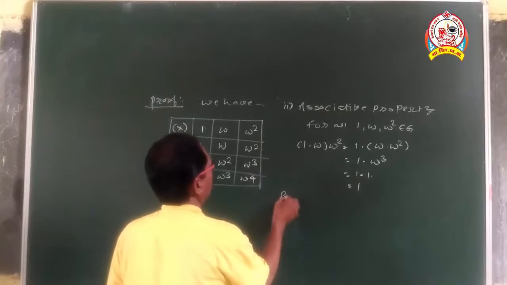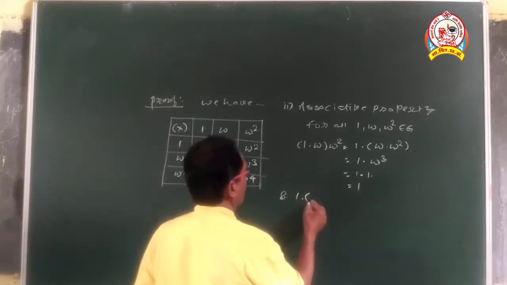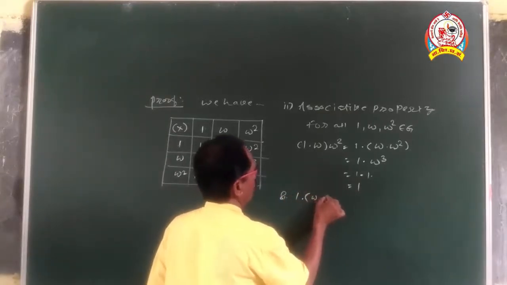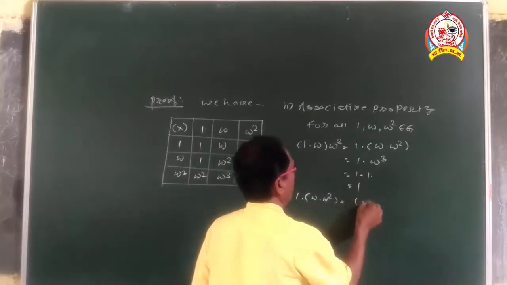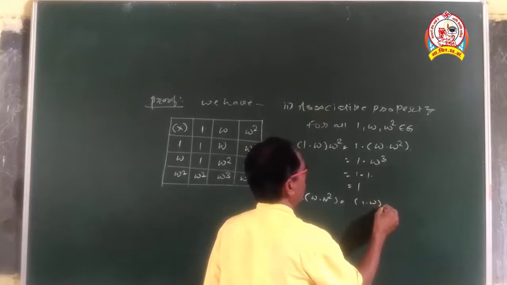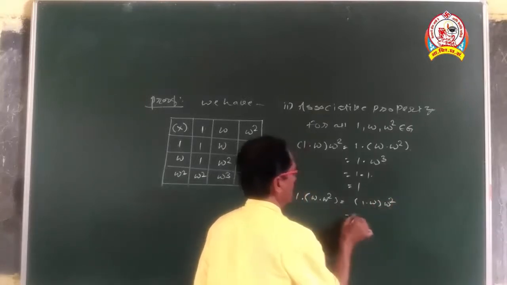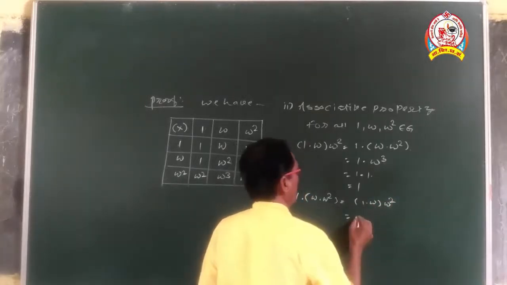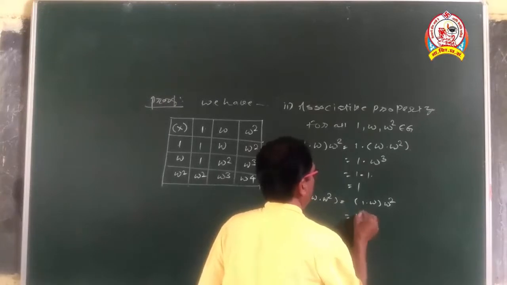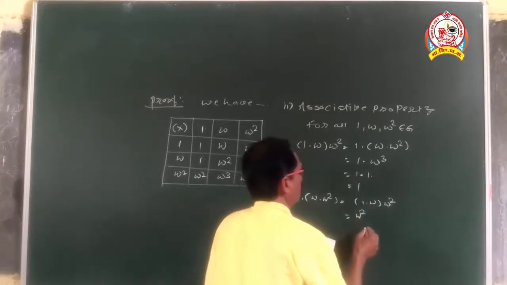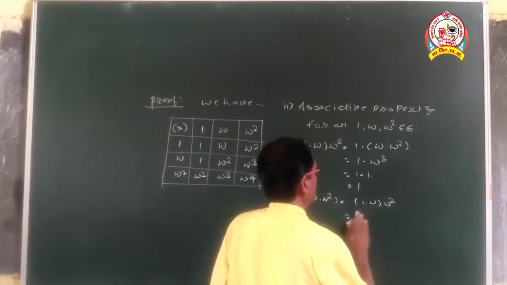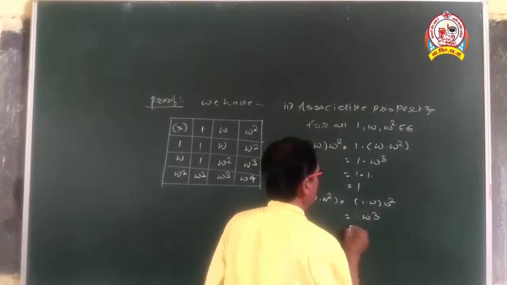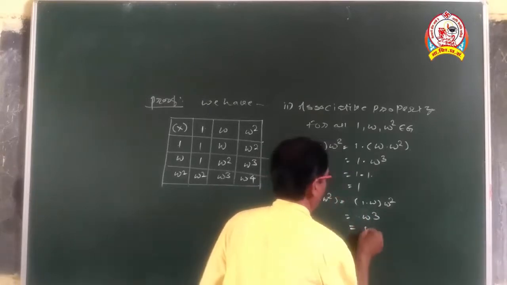Hmm, computing carefully: (1 into omega) into omega square is equal to omega into omega square is equal to omega cube is equal to 1, and 1 into (omega into omega square) is equal to 1 into omega cube is equal to 1.